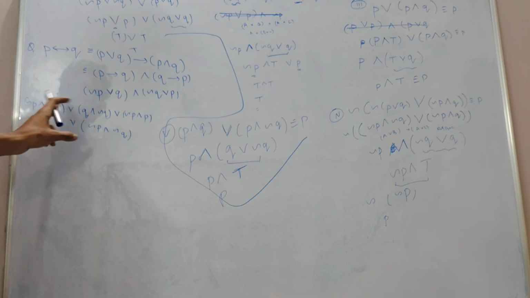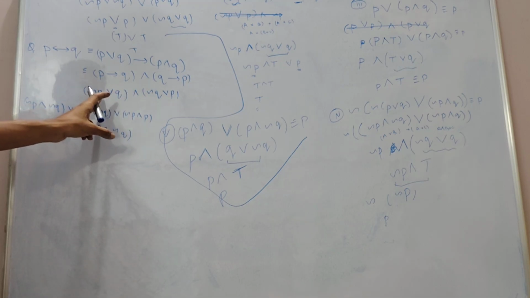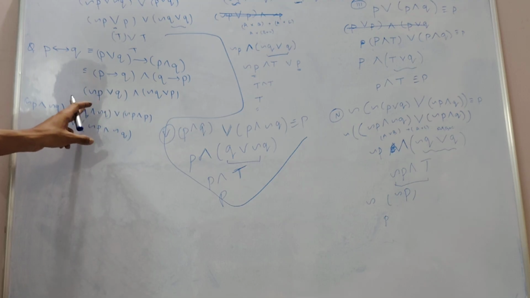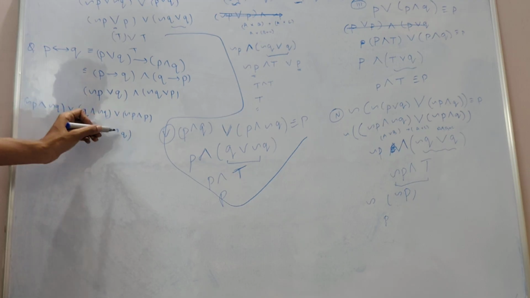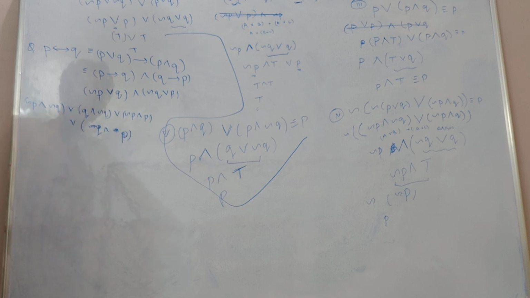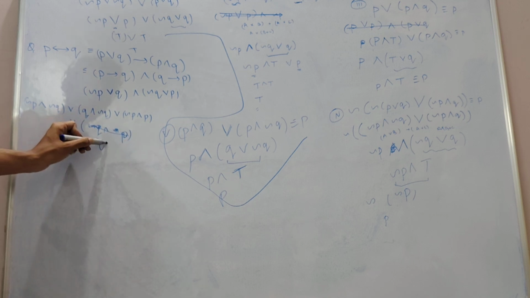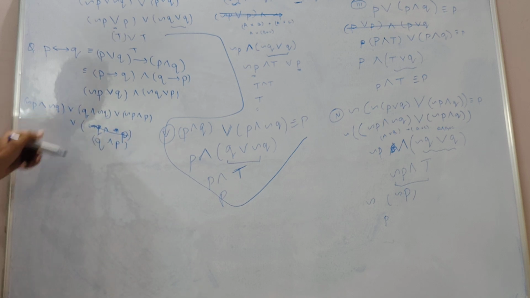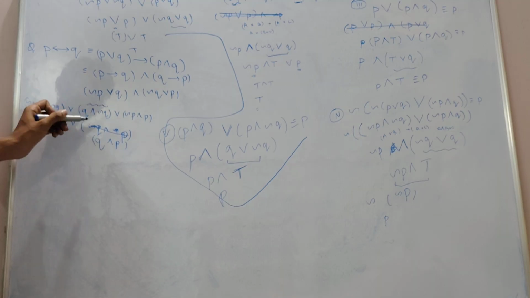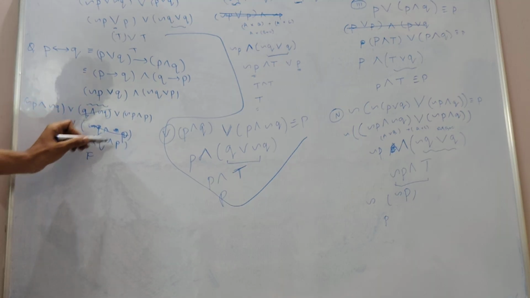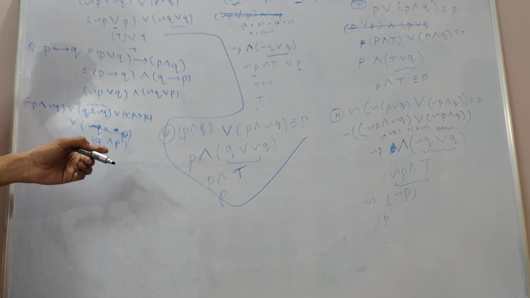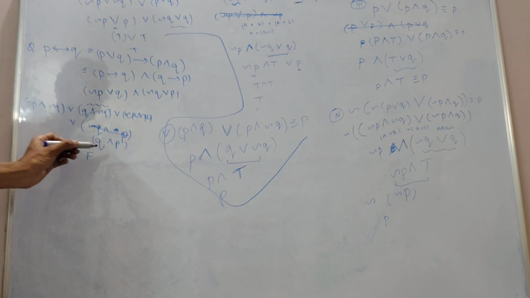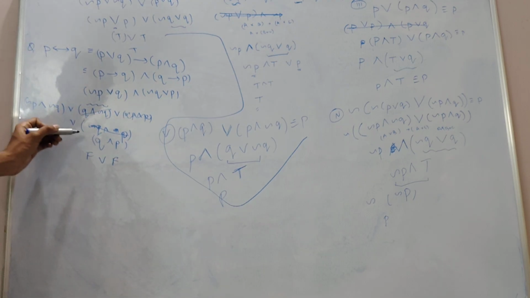P with negation of P, and Q with negation of Q is okay. This will be false because negation and non-negation, both will have one false statement, so it will also always give false, right?